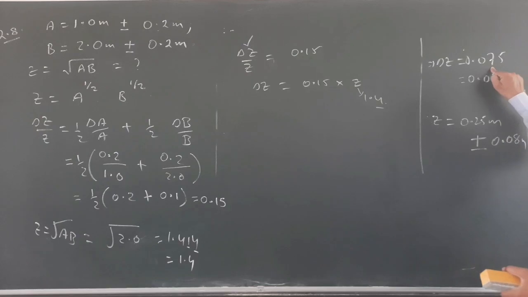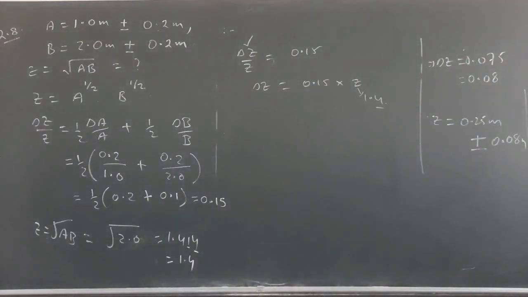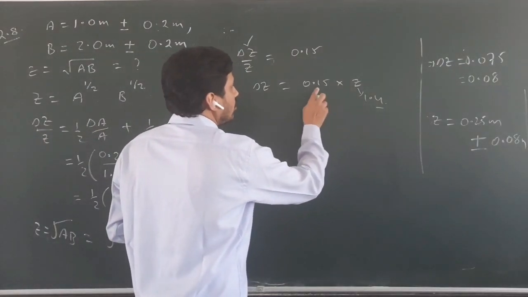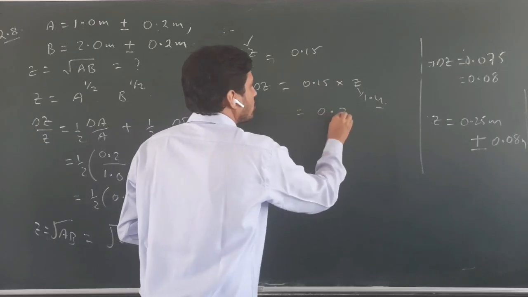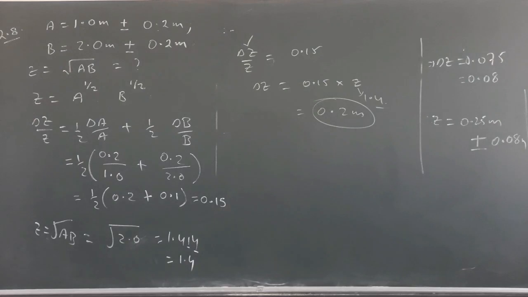Wherever you get the error, the digit next to the error part, you have to drop it. I think this much you can do, so I am leaving this part for you. You should get the answer as 1 point, this you should round it up to 0.2 meters. Okay. So your answer will be 1.4 meter plus minus 0.2 meters.